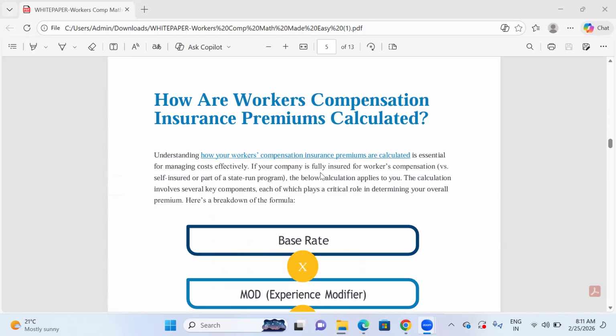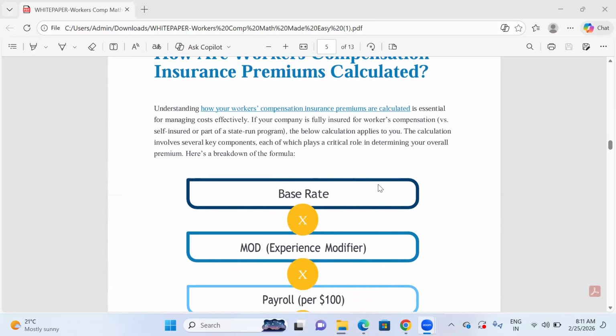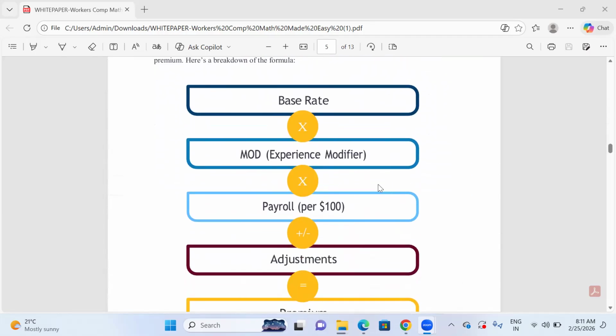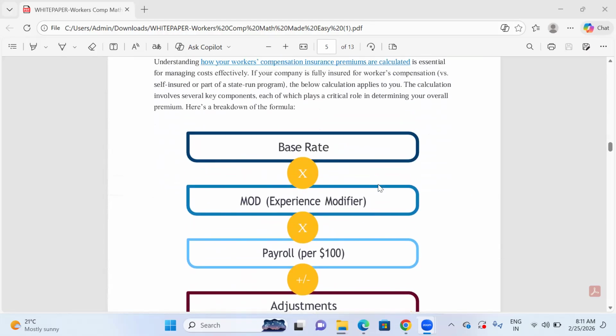So it can be a base rate, at the same time the MOD, experience modifier, and all that, along with the payroll, including any kind of adjustments. Everything will be taken into consideration.